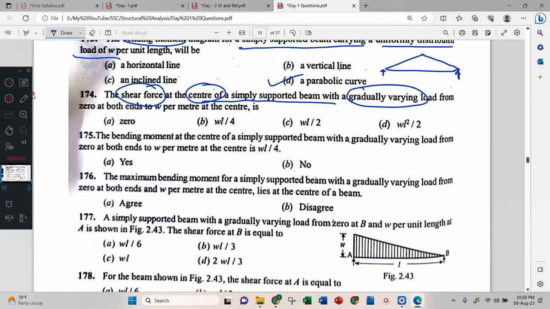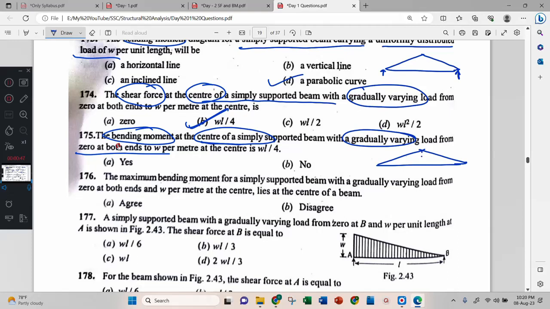WL by 4. WL by 4. Bending moment is needed at the center of the simply supported beam for gradually varied load, same method. Good. What is the bending moment diagram for this? It is WL by 4? No, wrong.